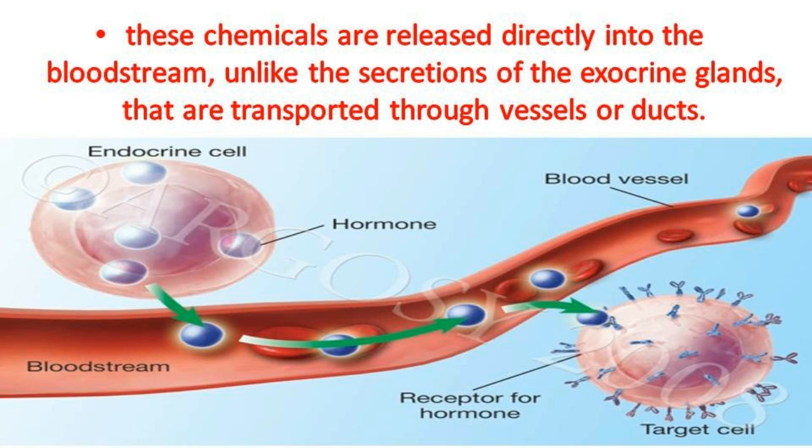The hormone is directly released into the bloodstream, unlike the secretions of the exocrine glands that are transported through vessels or ducts.